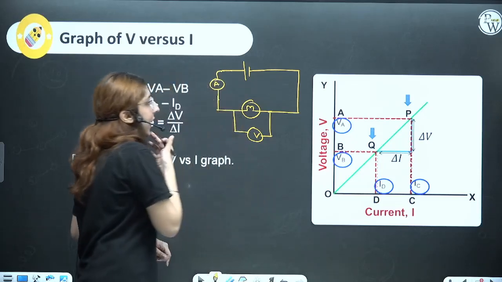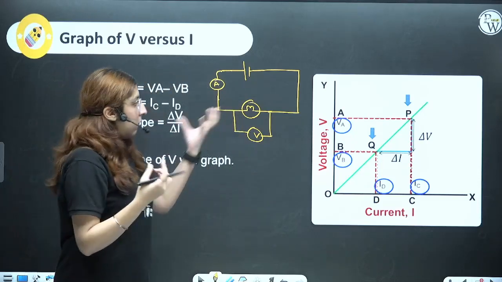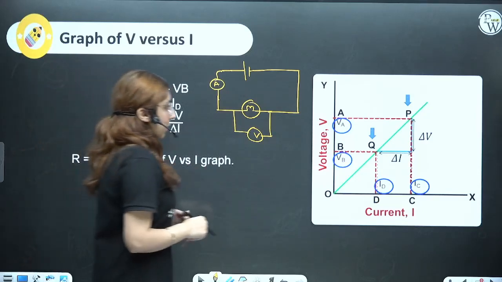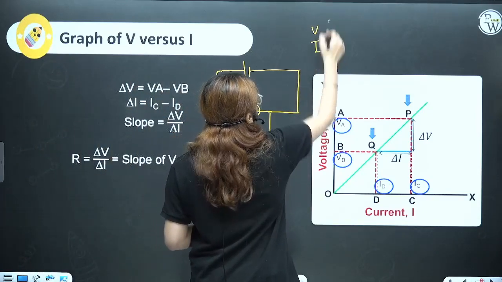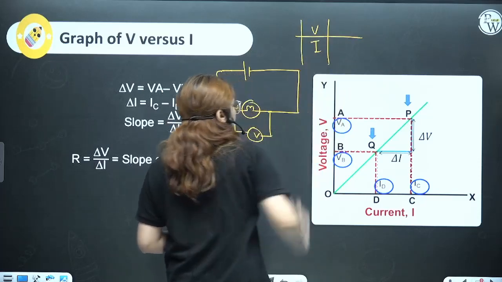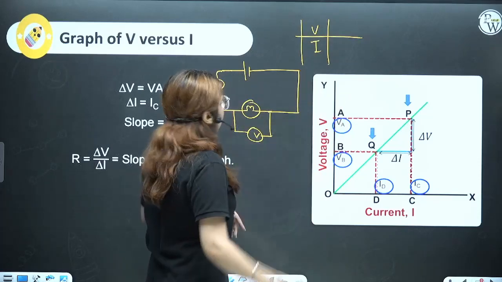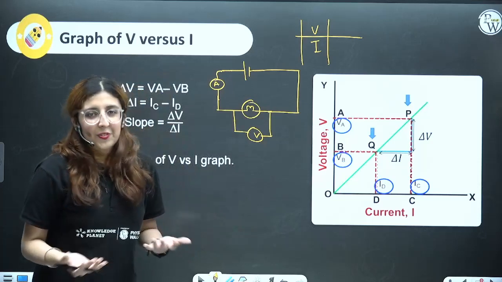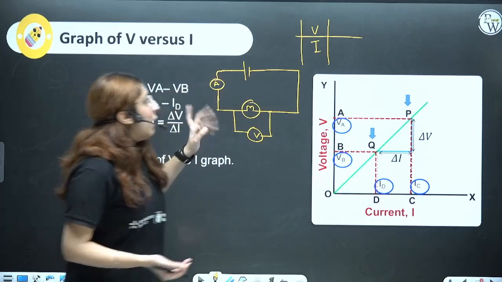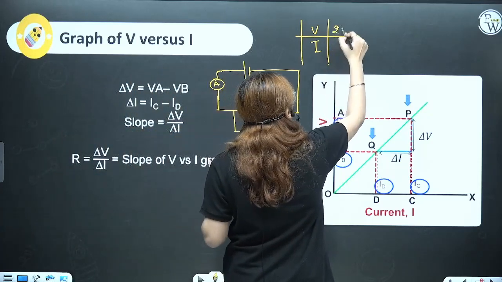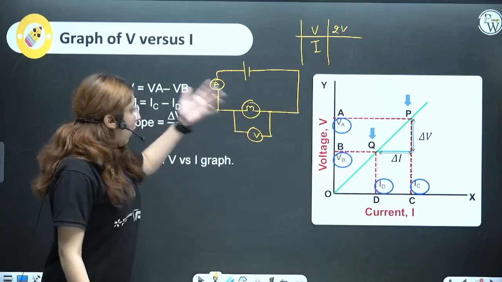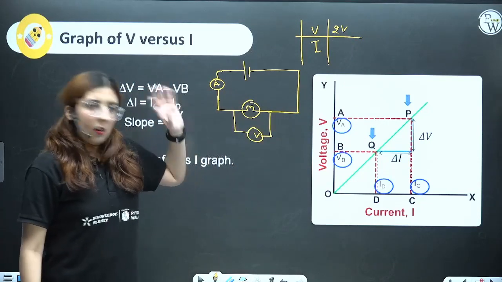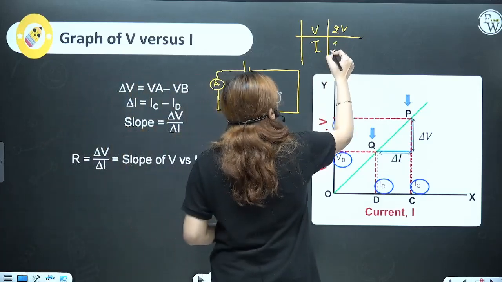Initially they kept the current and potential difference values over here. When they kept a battery of 2 volt, they saw that the current passing through the bulb, or the circuit, is 1 ampere.